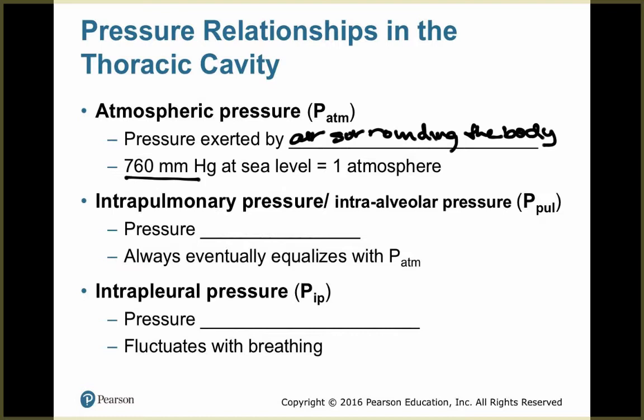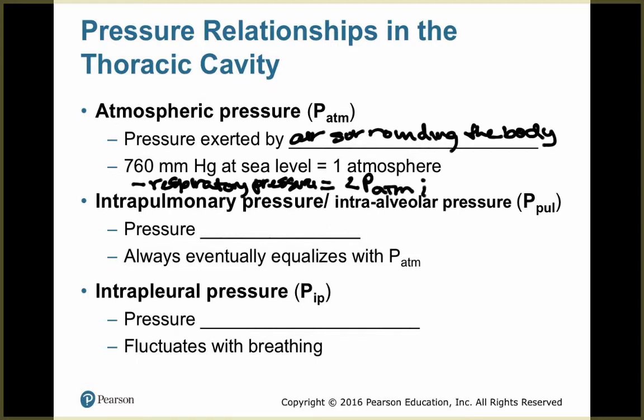Now, when we describe respiratory pressures, we describe them relative to the atmospheric pressure, or this PATM. So if we talk about there being a negative respiratory pressure, essentially that just means that it is less than that PATM.